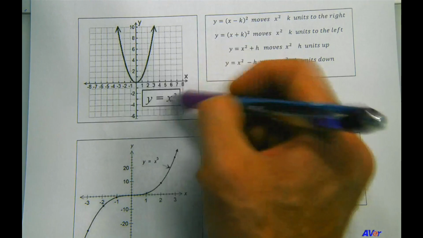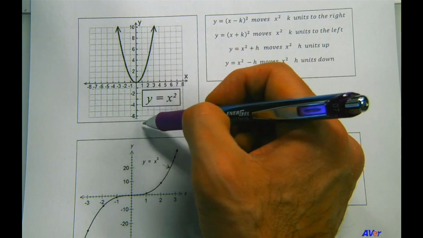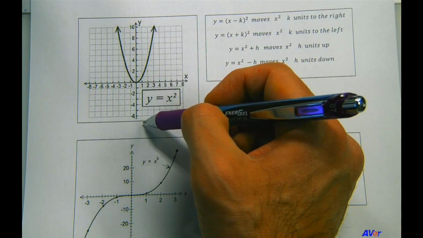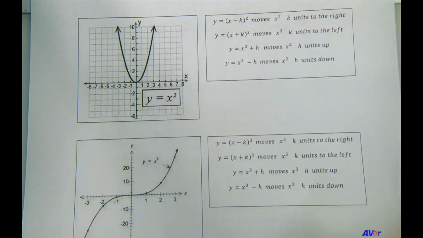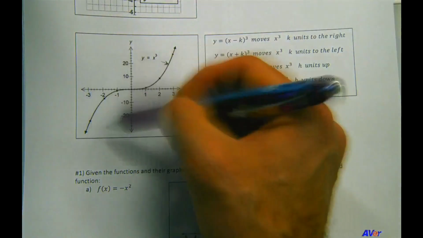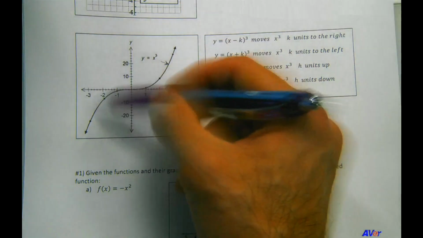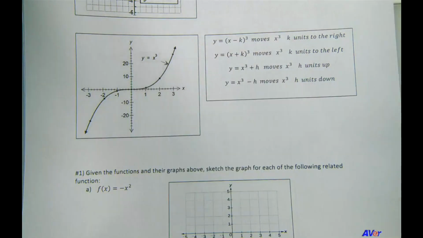For a horizontal parabola, a vertical line intersects it at more than one point, so it will not be a function. The cubic function, y equals x cubed, also intersects a vertical line at one point anywhere along its graph. Okay, so that's what the vertical line test talks about.